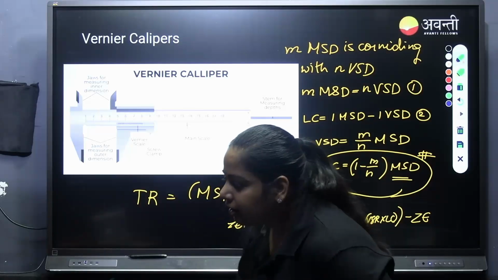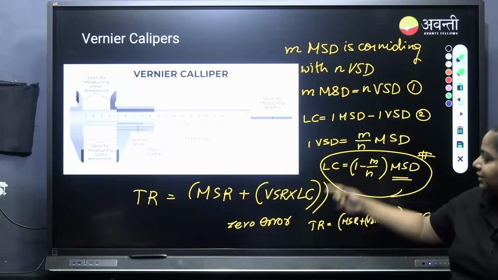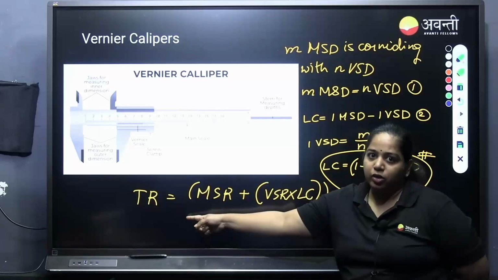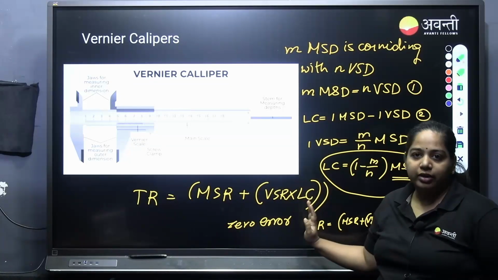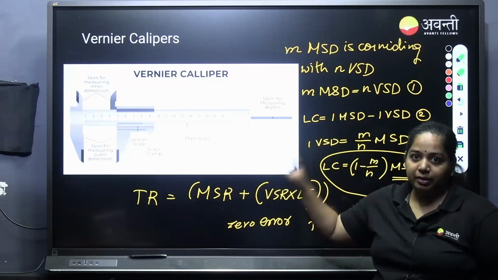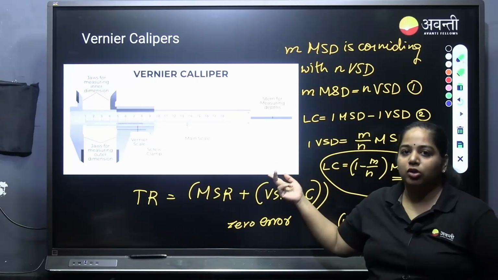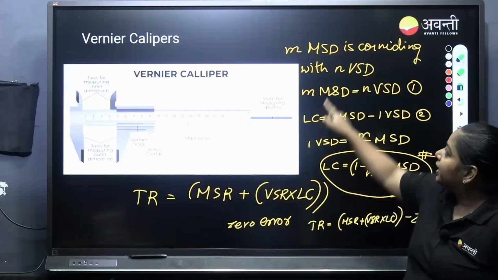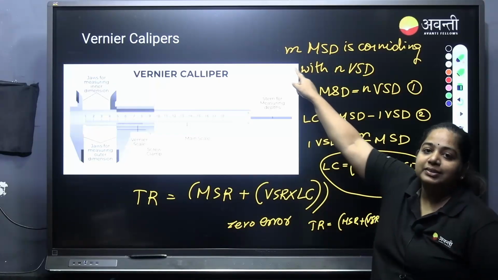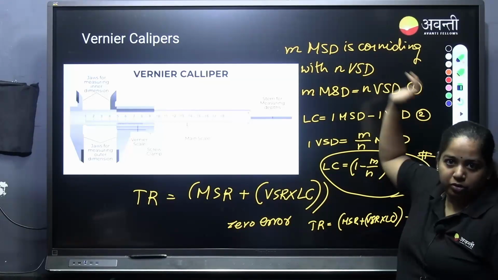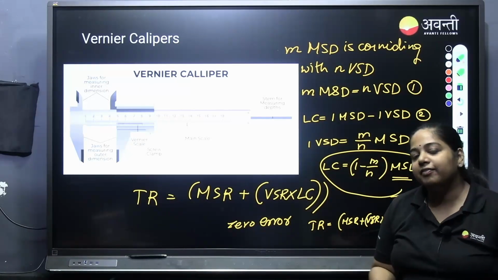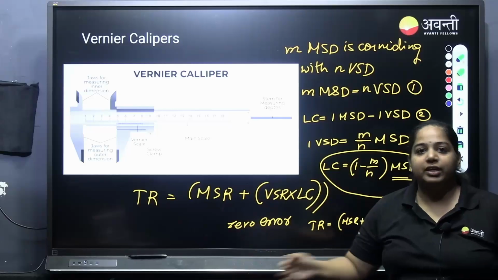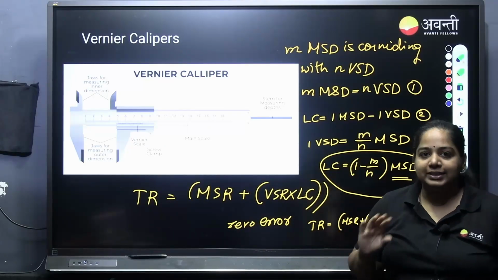So what I was saying is that total reading equals MSR plus VSR into LC. You already know that equation, but you need some additional equations to solve entrance questions. It will be given as M number of MSD coinciding with N number of VSD, like 20 divisions of main scale coinciding with 21 divisions of vernier scale. That will be the question style.